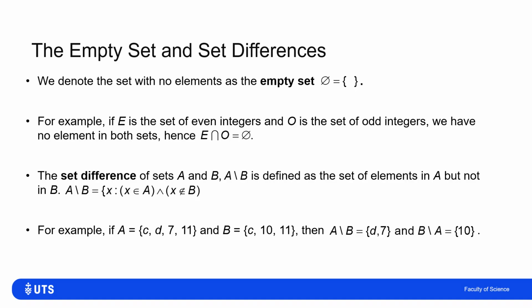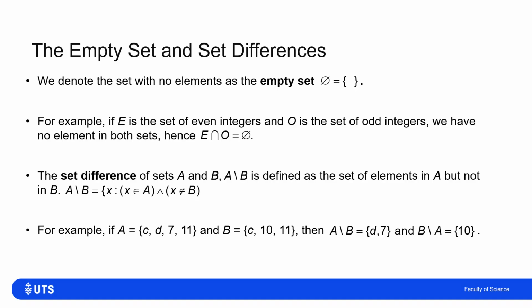Then A difference B is everything in A which is not in B. So I have to remove C from A because that's in B. D stays, 7 stays, but 11 is removed because 11 is in B. So the only two elements which are in A but not B are D and 7.